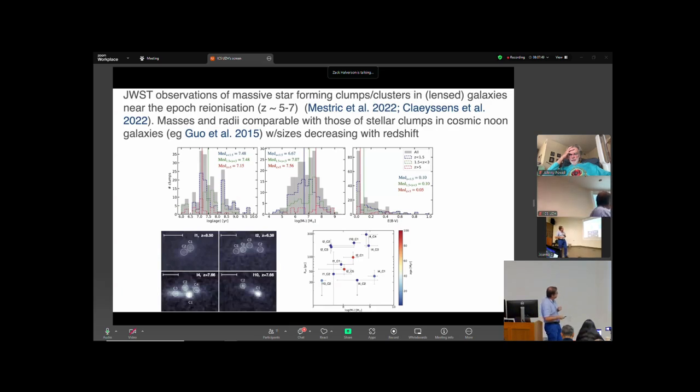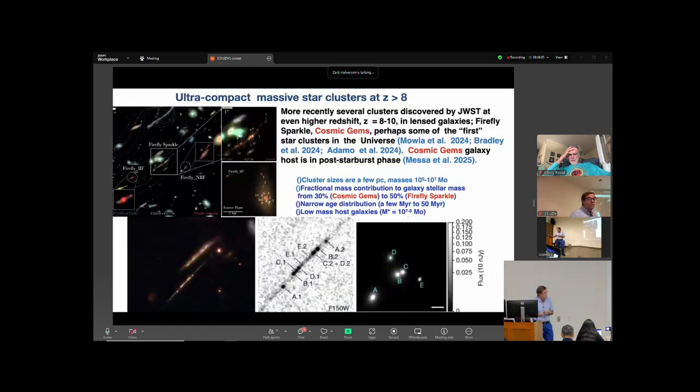And these star-forming clumps or big clusters, it doesn't really matter how you want to call them, have sizes between tens of parsecs to 100 parsecs, so they are slightly smaller than the ones that we knew already at cosmic noon in clumpy galaxies, but they are essentially the extension at higher redshifts of those clumps known at redshift 1 and 2.